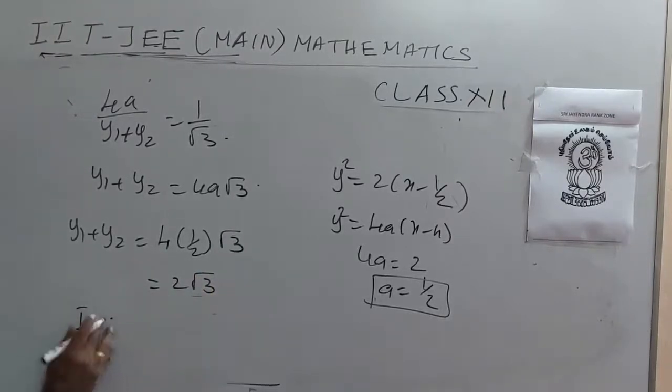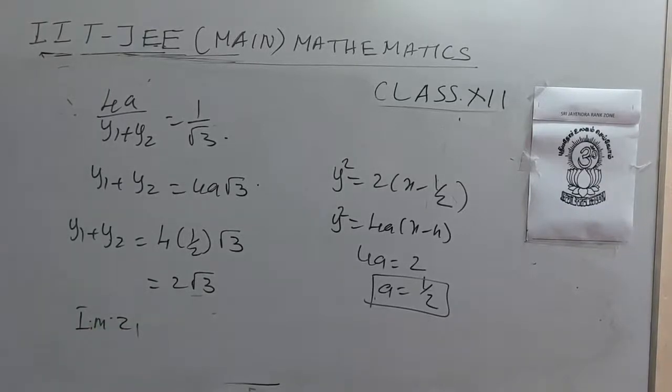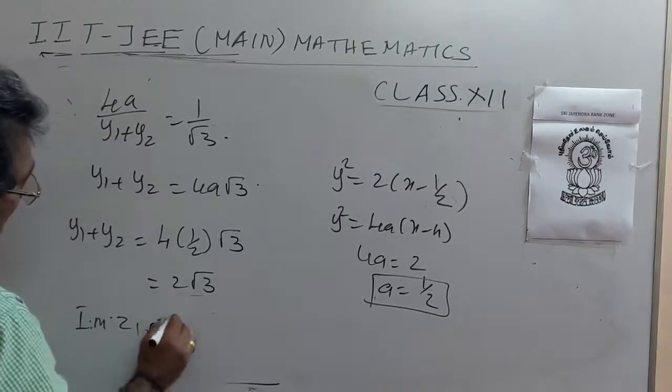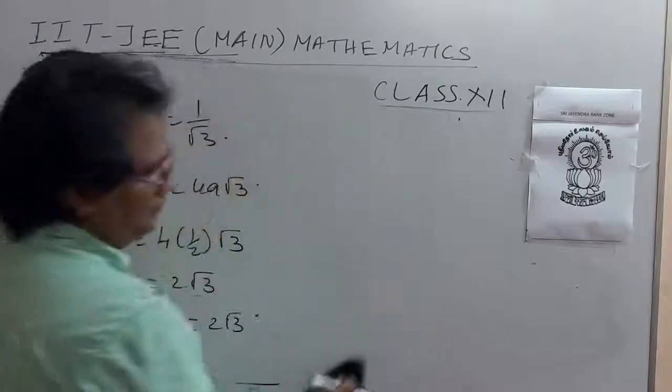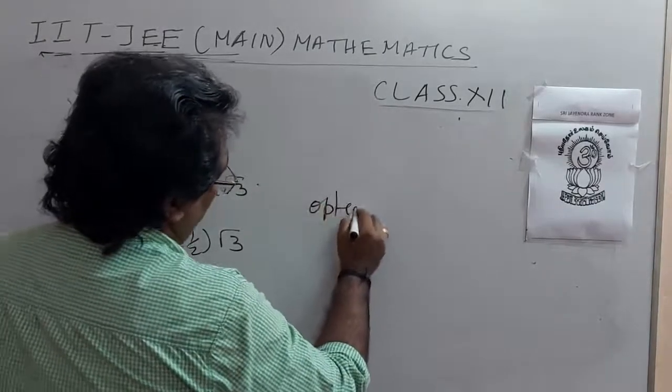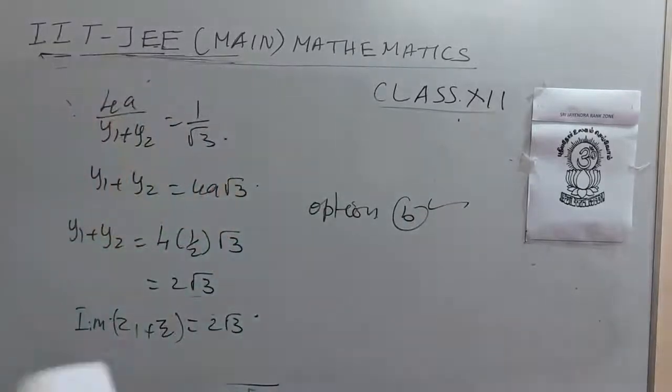So imaginary part of z1 plus z2 is equal to 2 root 3. So option 2 is correct.